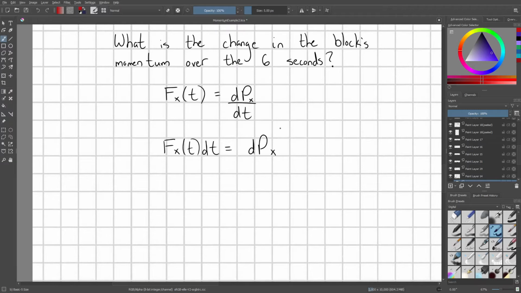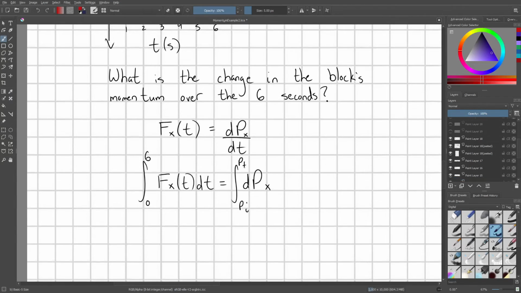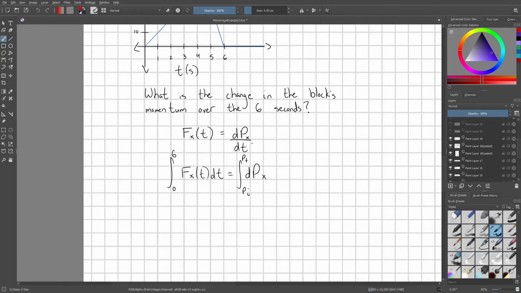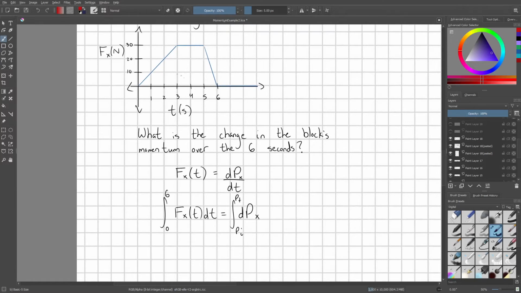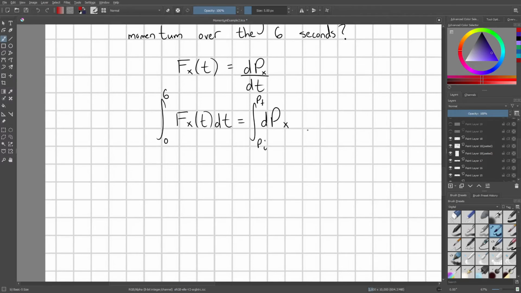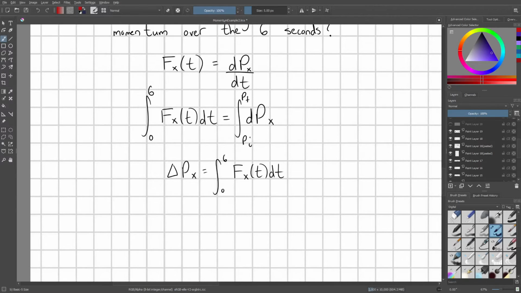So all we have to do is separate this out. And now because I'm interested in my change in momentum, I'm going to use the definite integral from 0 to 6 seconds. Okay, this integral from p initial to p final, that's the definition of delta px.